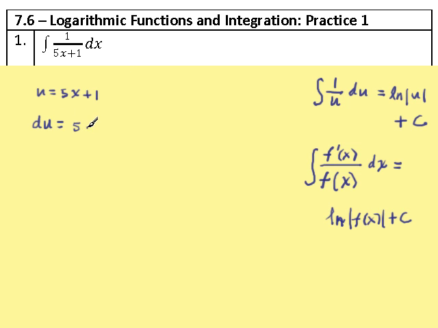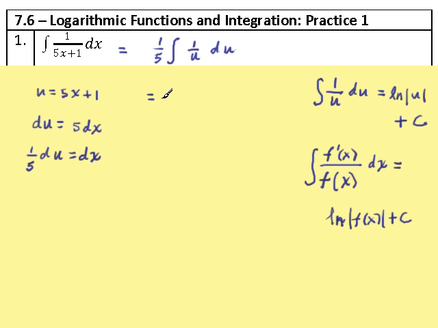So du is equal to 5 dx. And 1 over 5 du is equal to dx. All right, now we're ready for the substitution. So instead of dx, we're putting 1 over 5 du. And here we have 1 over u.